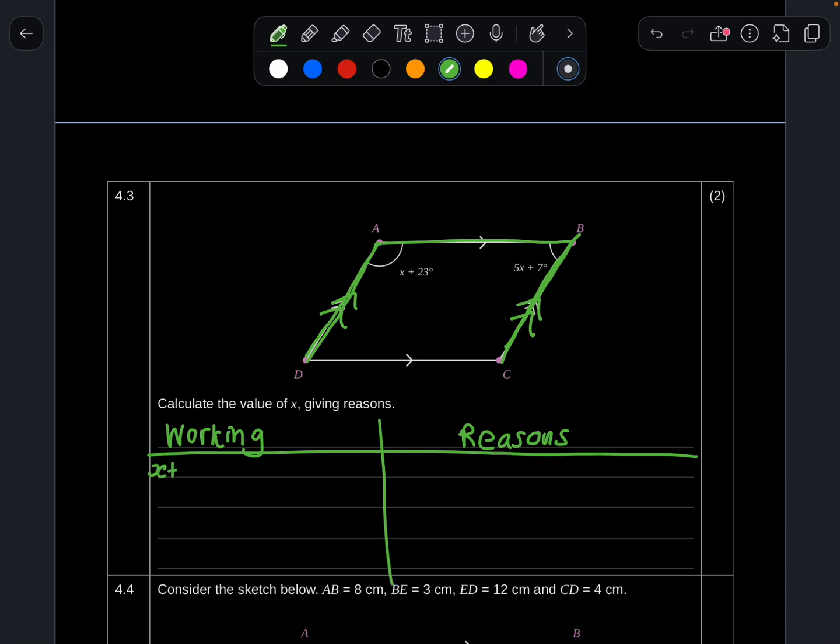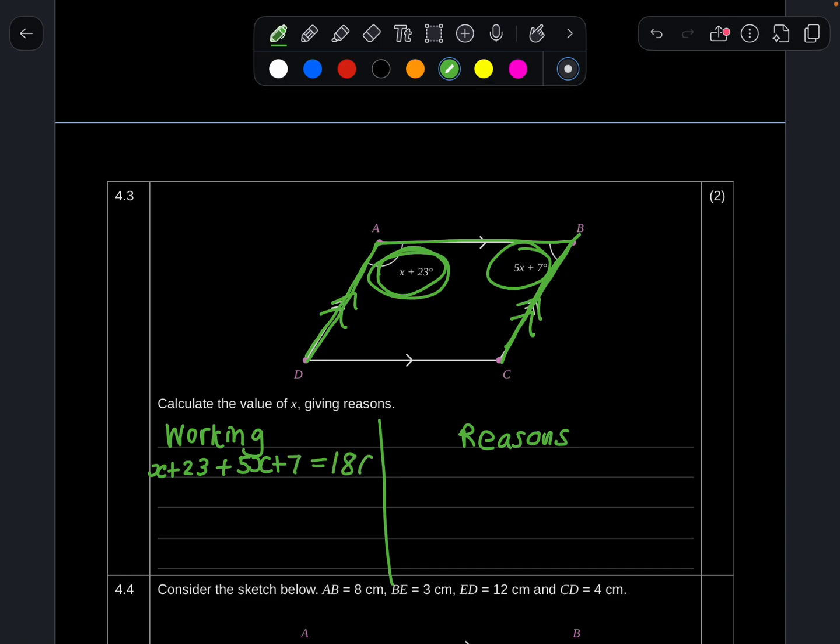x plus 23 is equal, no, it's not equal. So x plus 23, there's this angle, plus this angle, 5x plus 7, is equal to 180 degrees.